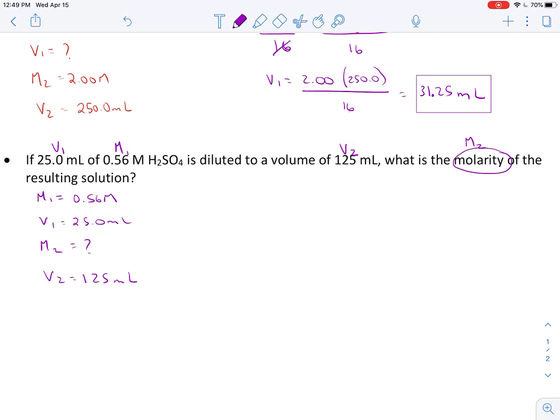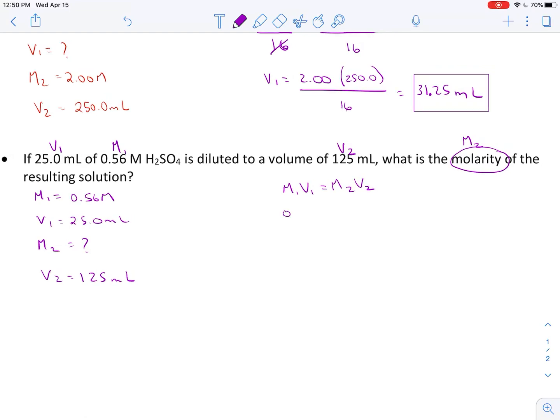All right, so again, the same formula we used above, M1 V1 equals M2 V2. M1 is 0.56 times, we've got 25 milliliters of that, is equal to M2, which is what we're looking for, and then times 125.